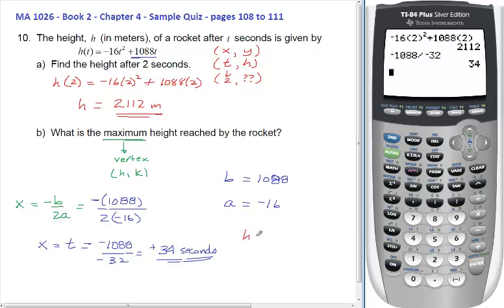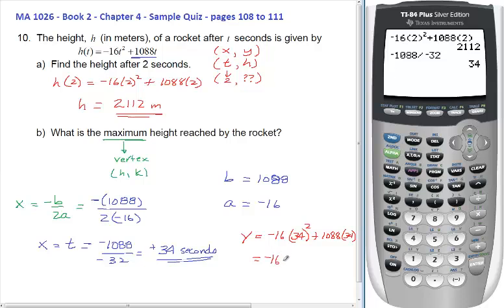So we're doing h equals -16 times the time squared plus 88 times the time. Now, again, to avoid confusion between h being the x coordinate of the vertex and h being height, I'm just going to use y for that value. So this is your y value, or your height.